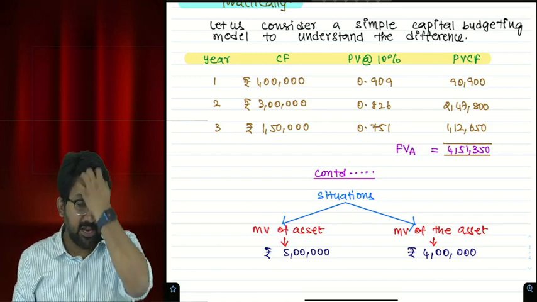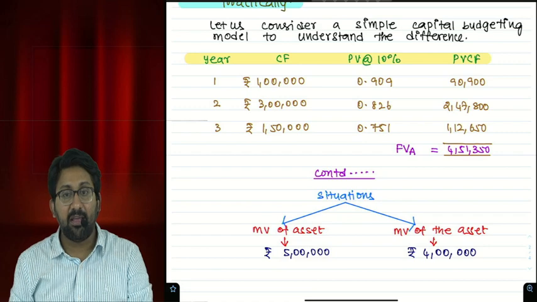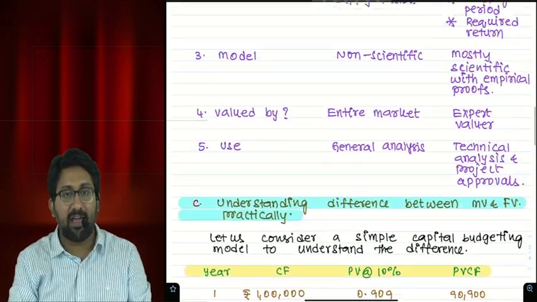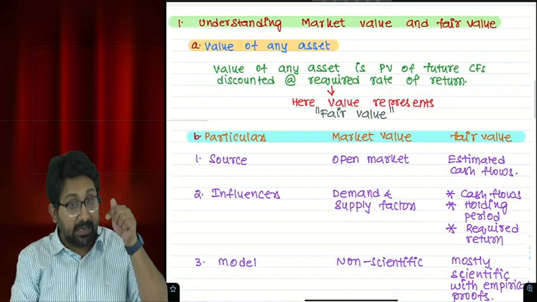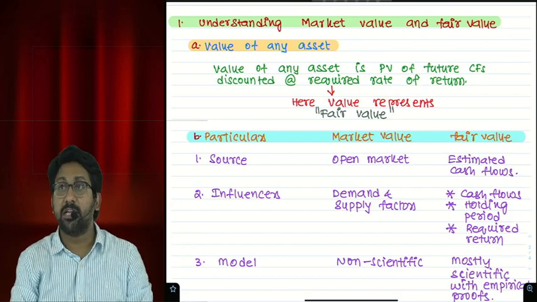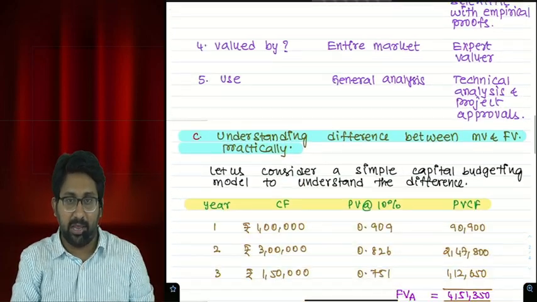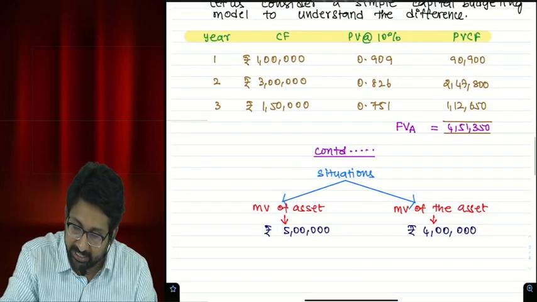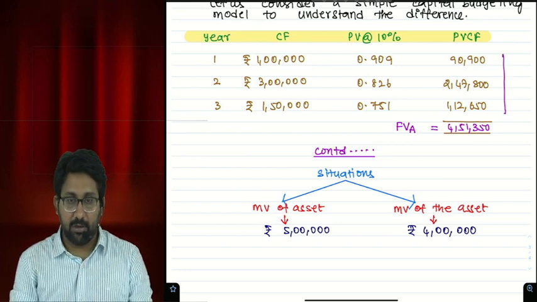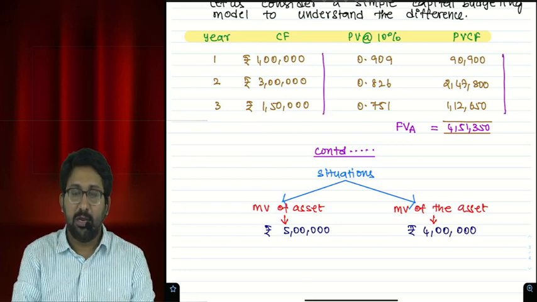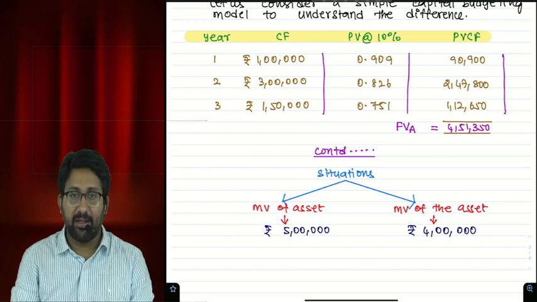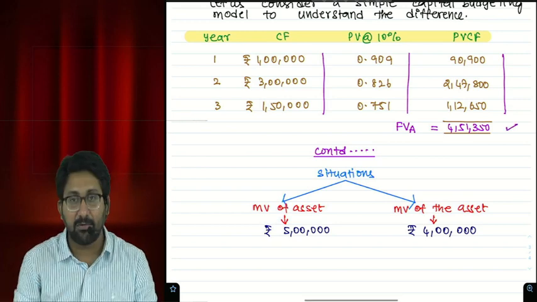Why is it the fair value of the asset? As I already said, the present value of future cash flows discounted at a required rate. These are all present values of future cash flows discounted at a required rate. Therefore we got the fair value.